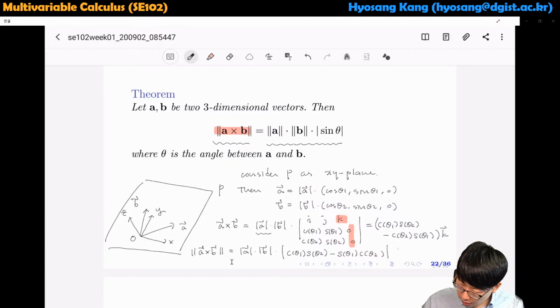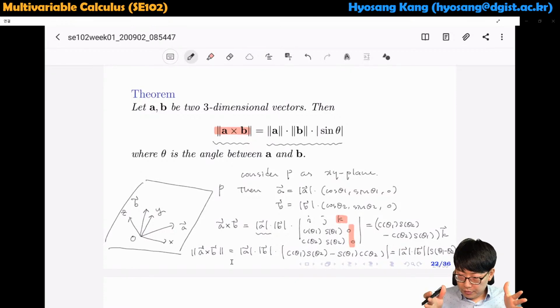So this is equal to norm A norm B times sine of theta 1 minus theta 2. Okay, right? Since we took the absolute value here, it doesn't matter whether I took theta 1 minus theta 2 or theta 2 minus theta 1. Although the sign of the sine changes, because I take the absolute value, it doesn't matter. So that's how I get this.